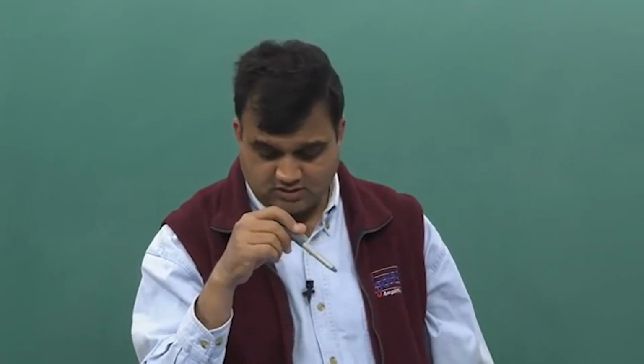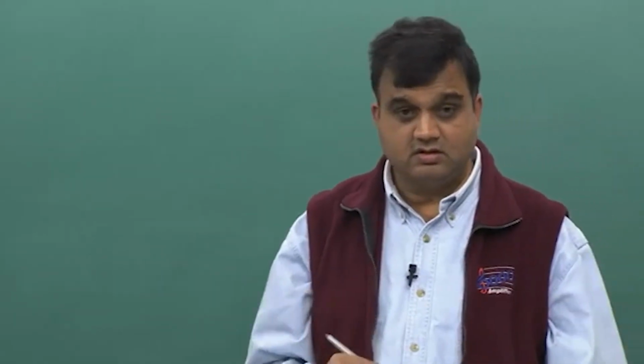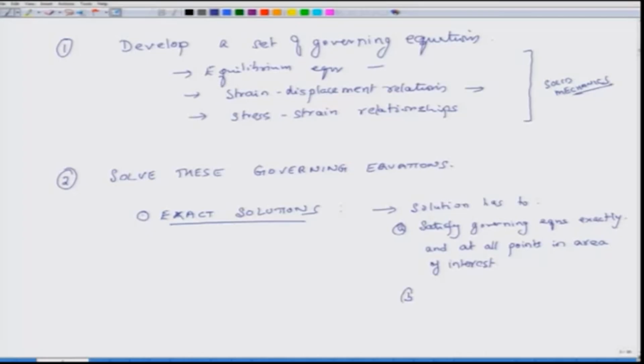That is the first condition. The second condition for an exact solution is that all the boundary conditions are exactly satisfied. Okay. So, there could be a situation where the differential equation is exactly satisfied, but the boundary conditions are not.